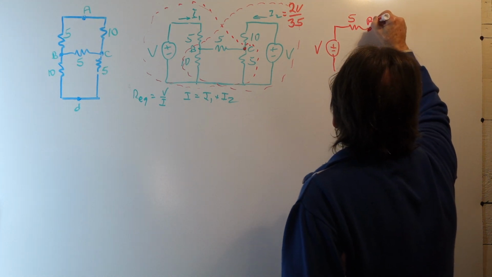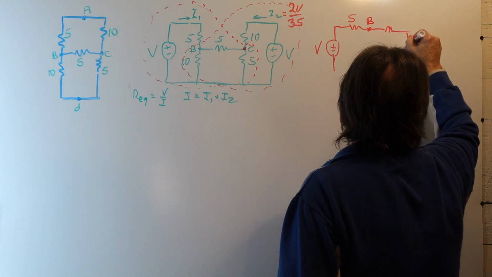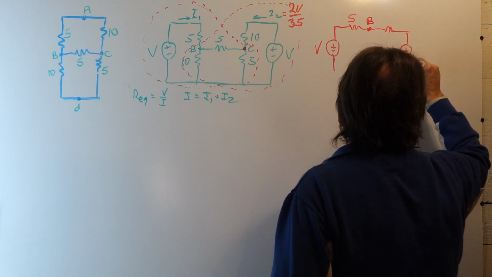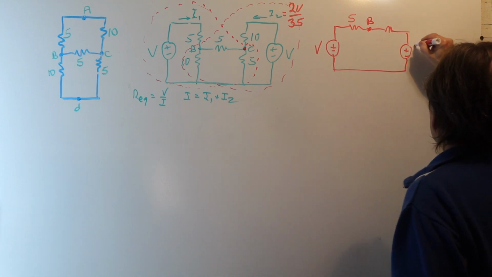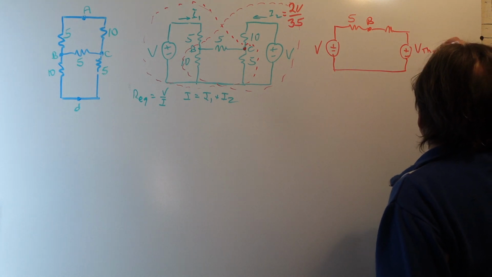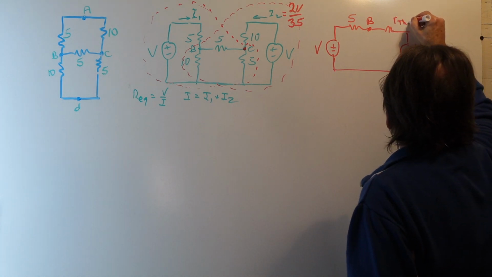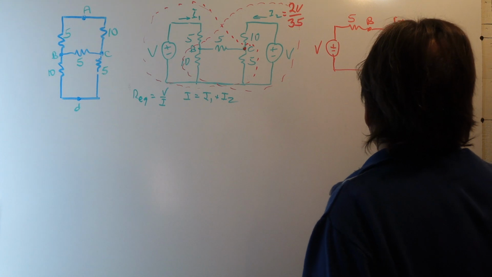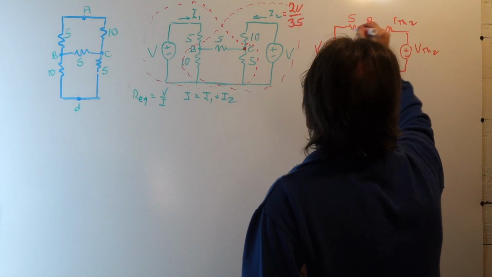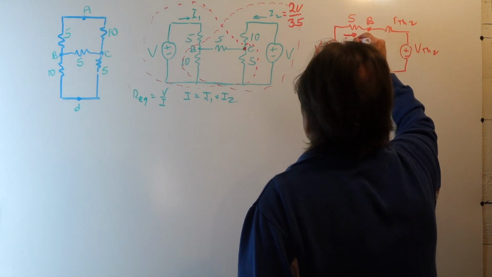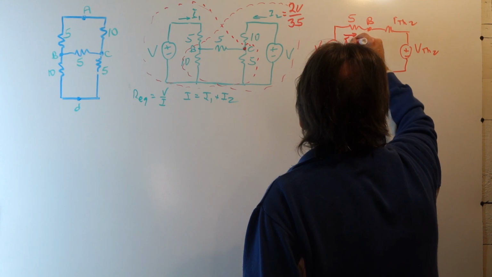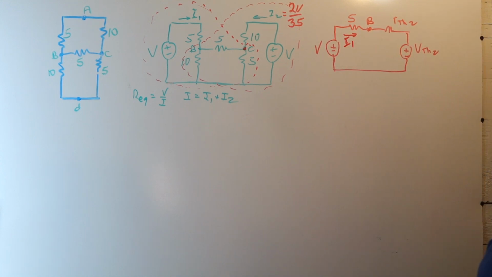We'll be at node B, and then we replace the remaining network with its Thevenin equivalent. We'll call this VTH2 and RTH2. And the current then flowing through the 5 ohm resistor is I1, which we're going to be solving for.